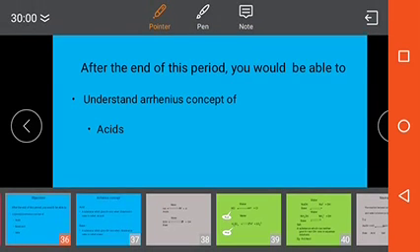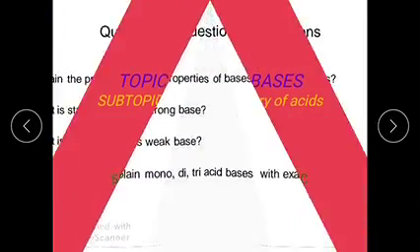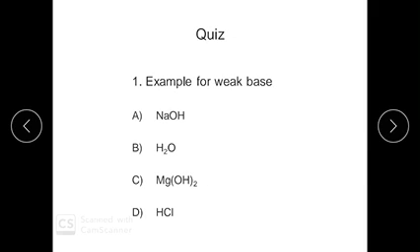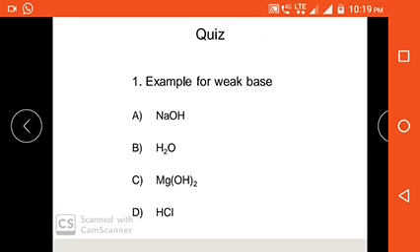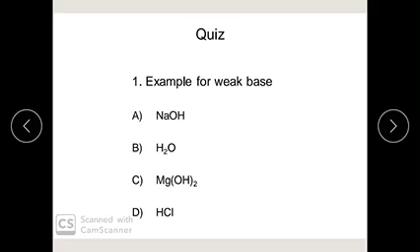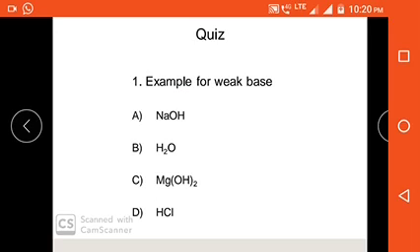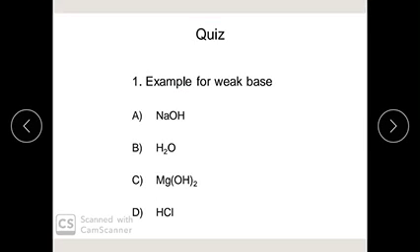Okay, in this video we learnt about what are the acids, what are the bases, what are its properties, what are the classification of acids, what are the classification of bases, and its suitable examples.